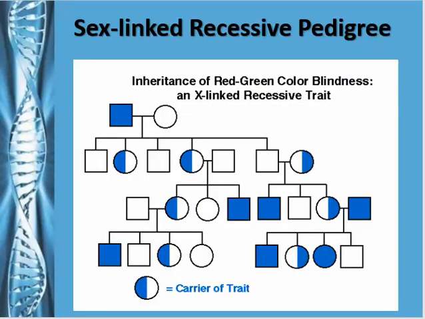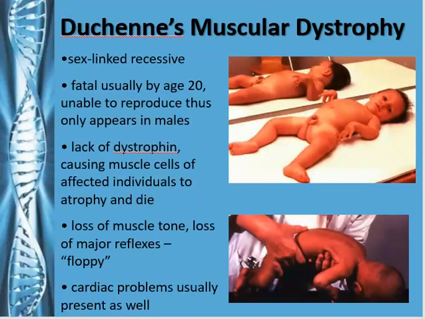So this is how the pedigree works. These are carrier women, affected men. So it's the lack of dystrophin, or it's poor dystrophin, usually fatal by age 20, loss of muscle tone, weakness, often cardiac problems.